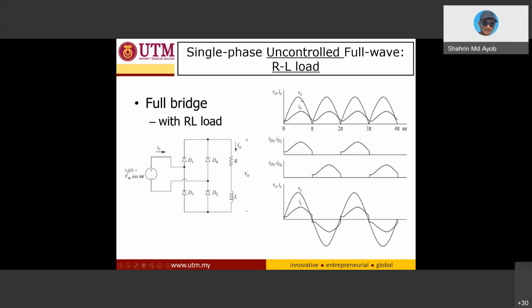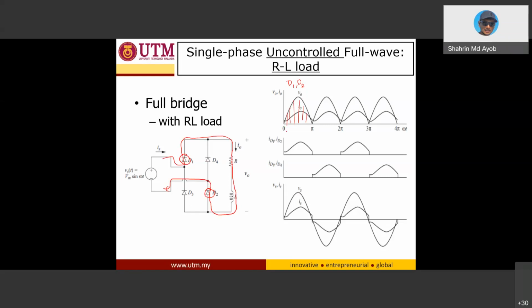Why? For the positive cycle, this part, D1 and D2 will turn on. The current will flow, charge the inductor and go back to the source through D2.